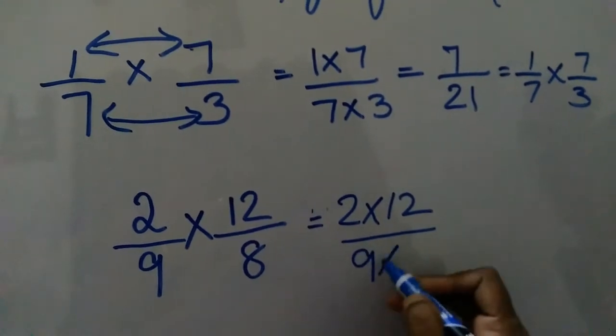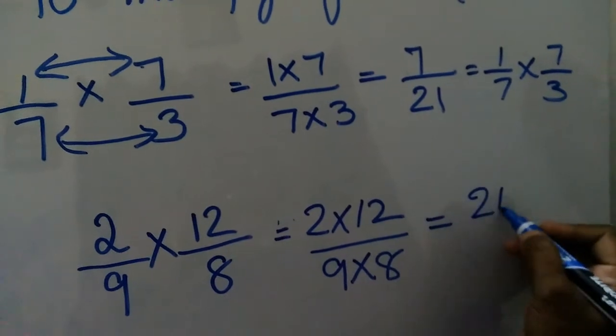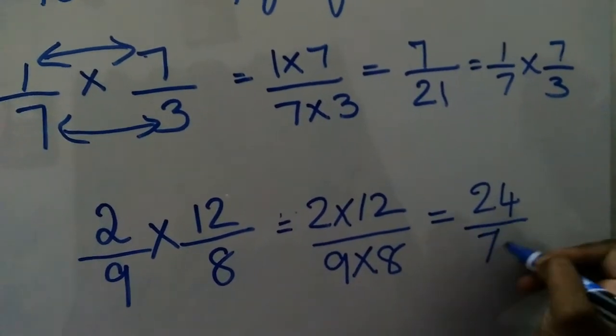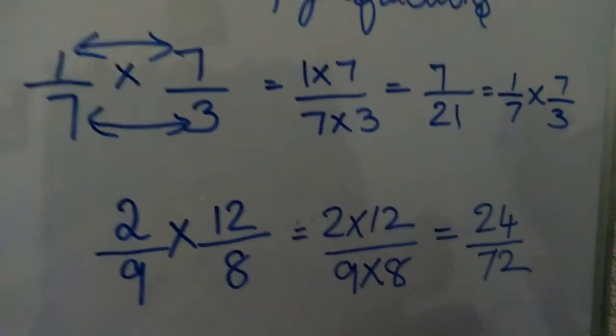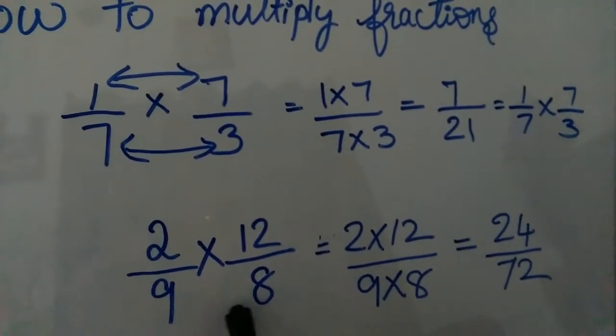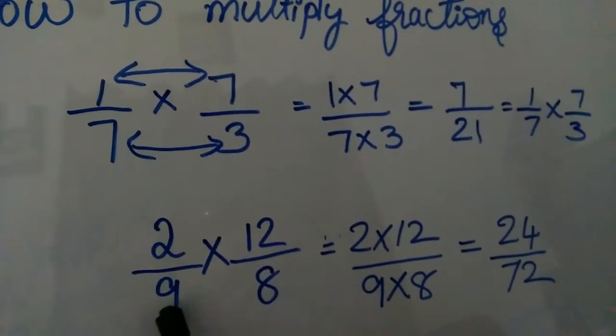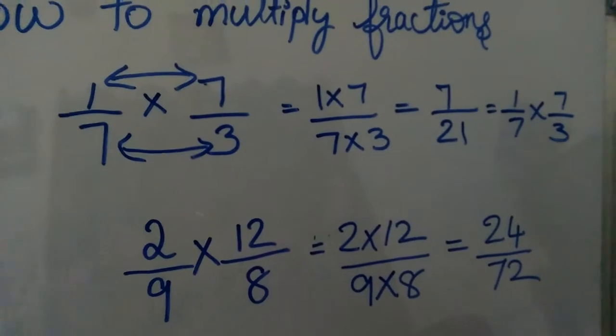Denominators you have to multiply, numerators you have to multiply. So you will get 24 upon 72. In addition, the method is different, but in multiplication you have to multiply the numerator and multiply the denominator.